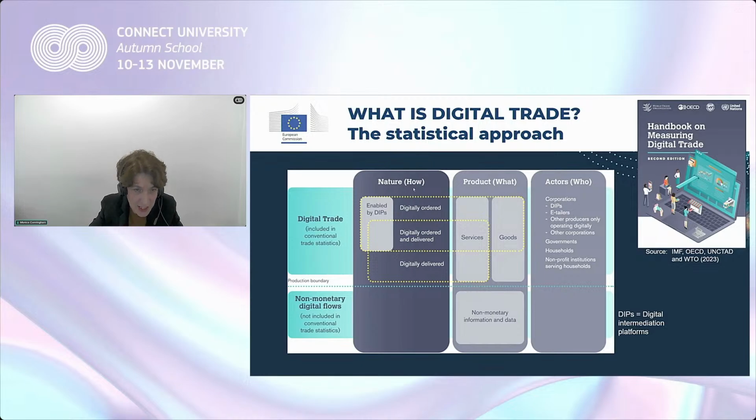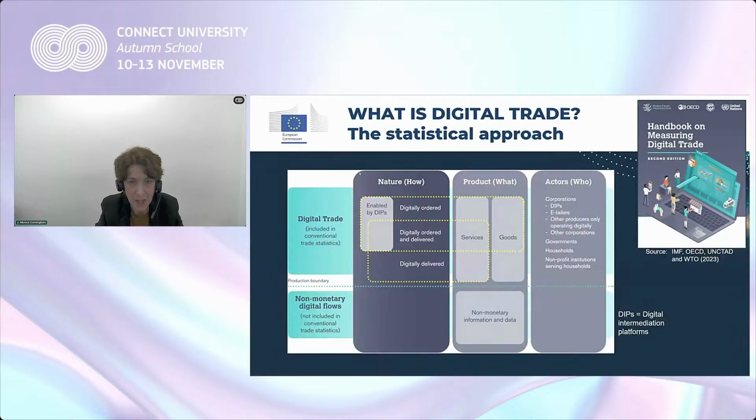And then when we look at the digital trade more conventionally, what you can see there is a little bit of an overlap. So you've got the role here that's highlighted as well of the digital intermediation platforms. And I think that's an important factor when looking at these statistics, is the extent to which this digital trade is enabled by these intermediation platforms.